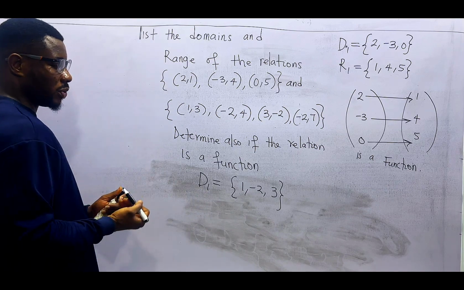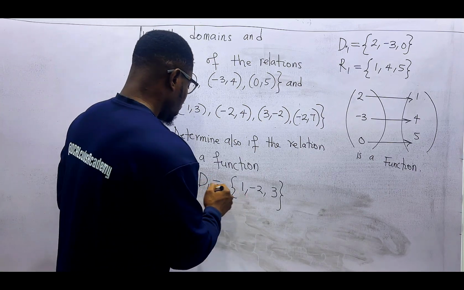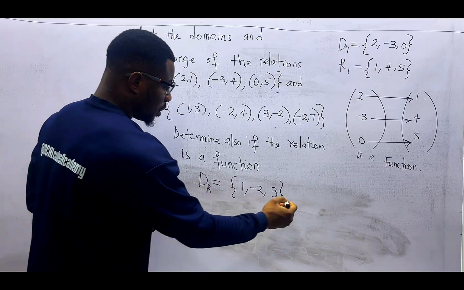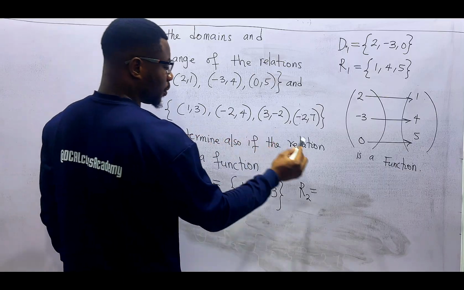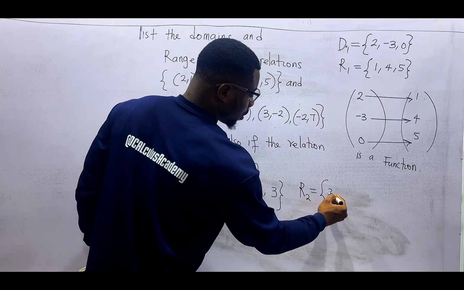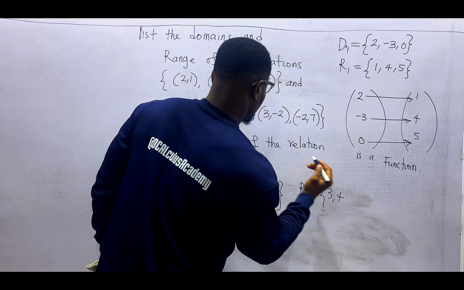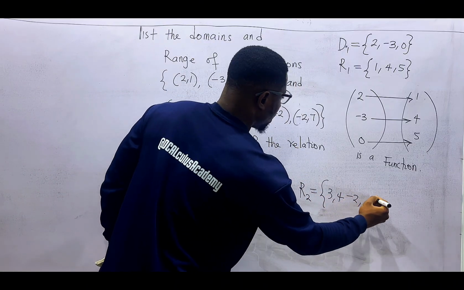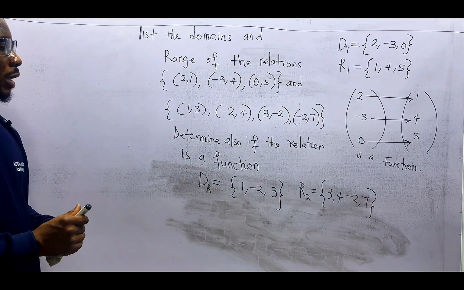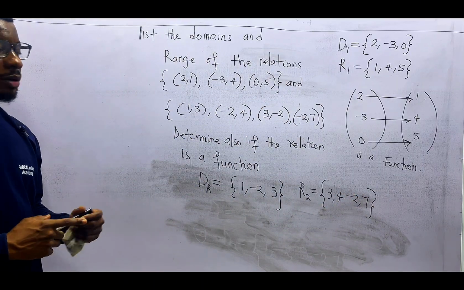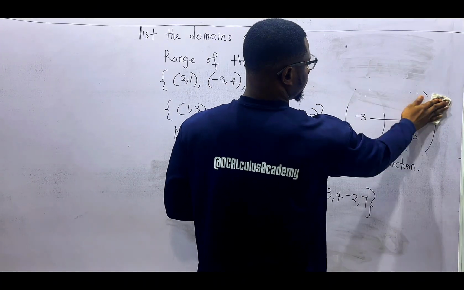Now, the range for the second relation would be 3, 4, minus 2, and 7. Now, if I wanted to create a mapping for this relation here, I will do this.